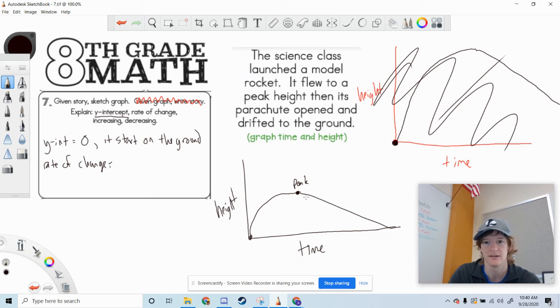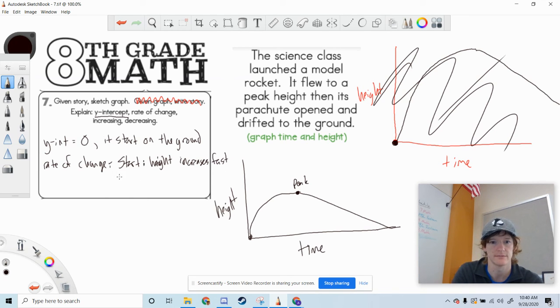And then it falls to the ground slowly. So at the start, height increases fast.